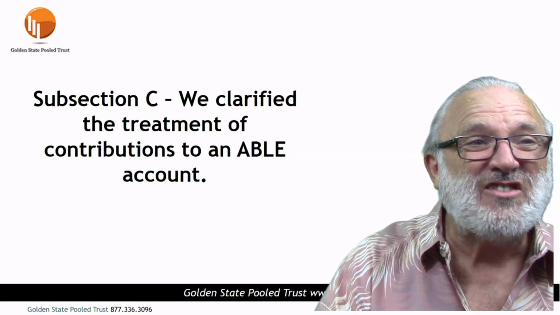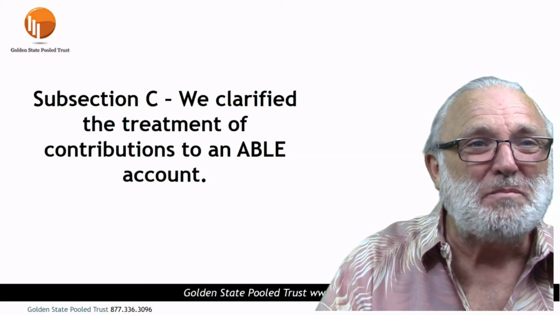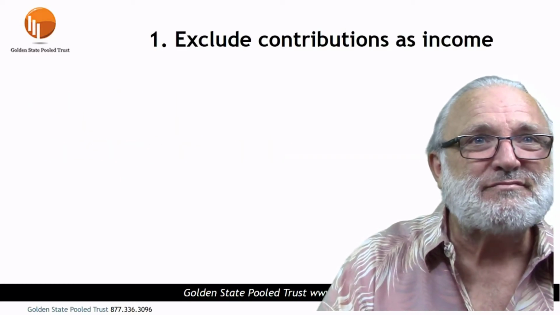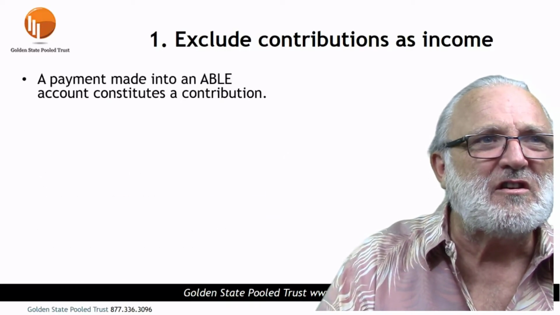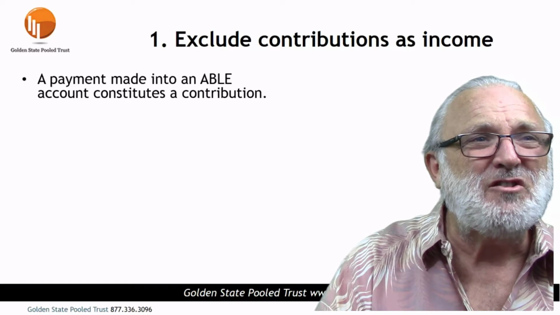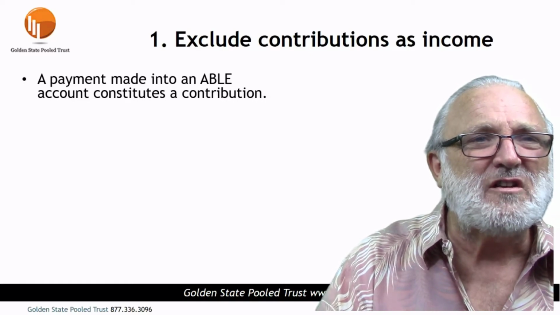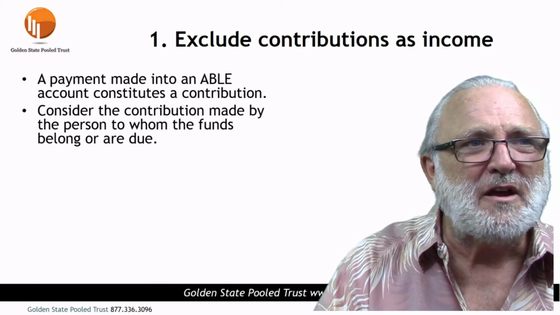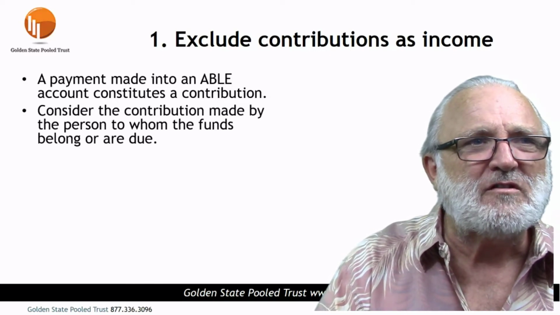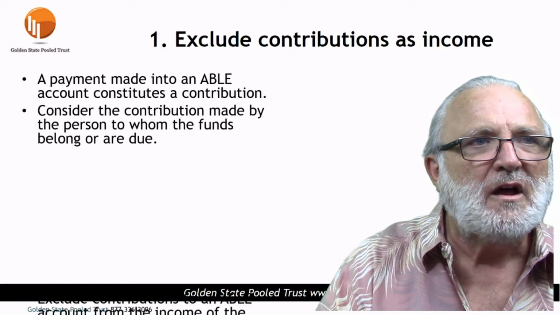In Section C, they clarified the treatment of contributions to an ABLE account. So when we talk about how they exclude contributions as income, a payment made into an ABLE account constitutes a contribution. Consider the contribution made by the person to whom the funds belong or are due.